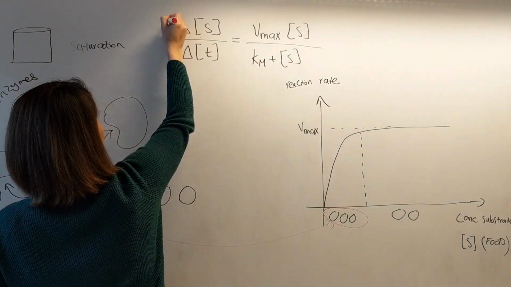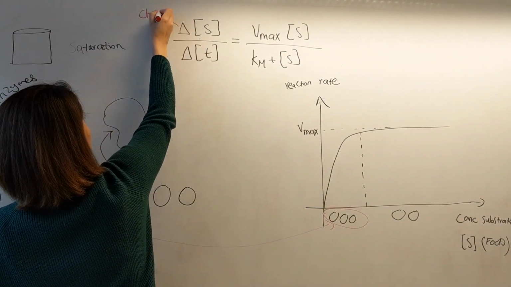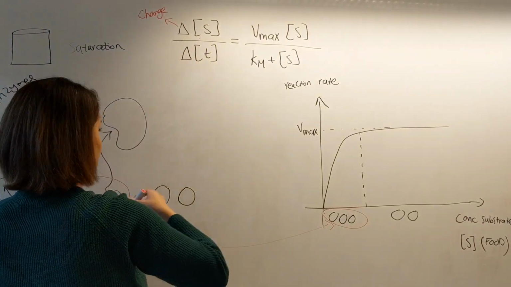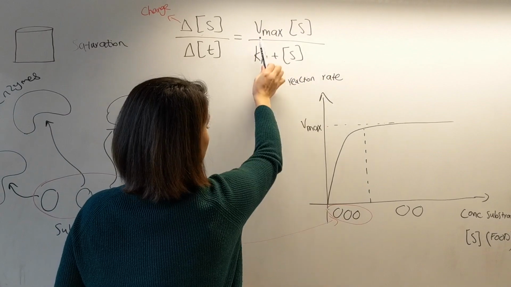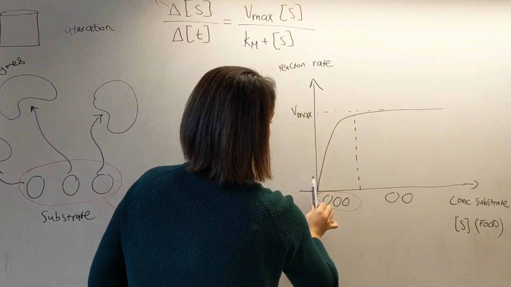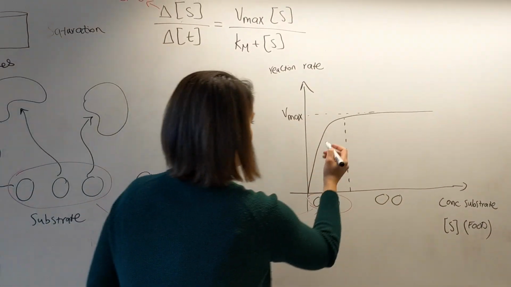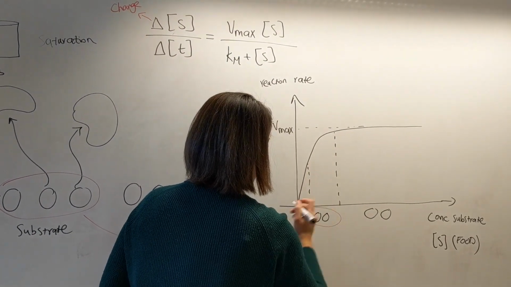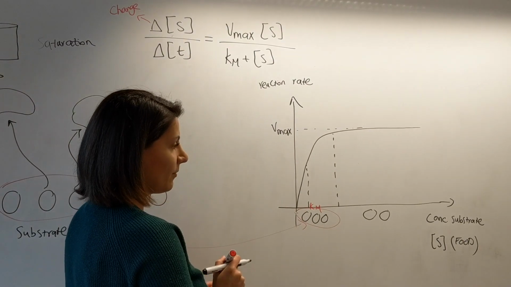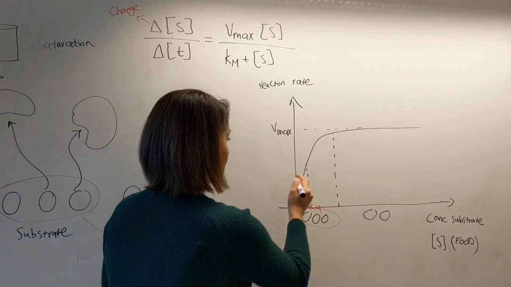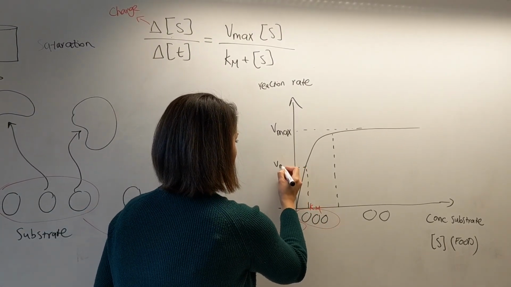And delta is actually a change in the concentration of the substrate. If you plot this expression, you get exactly this plot. And Km is the amount of the substrate at which we get half of the rate.